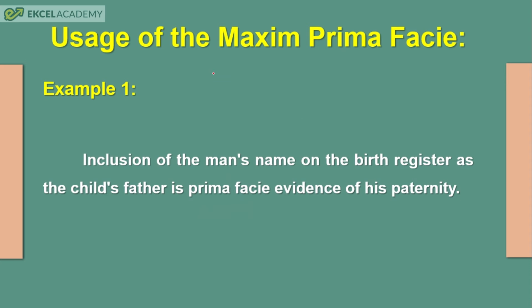Let's move forward to understand better by taking some examples. The inclusion of a man's name on the birth register as the child's father is the prima facie evidence of his paternity.